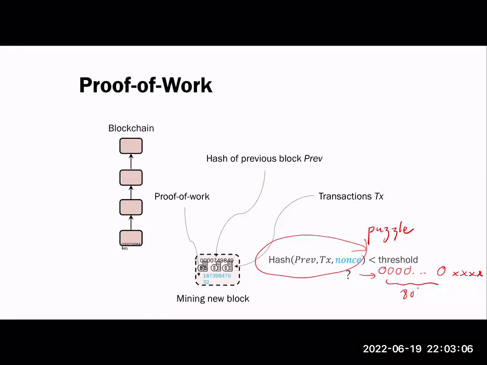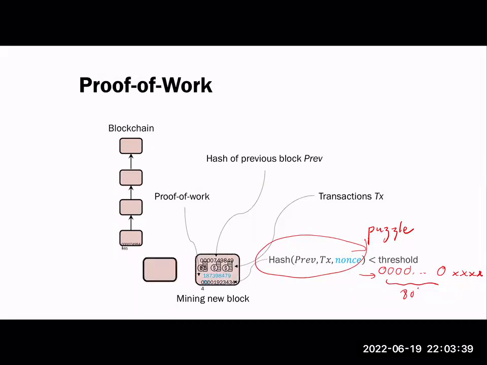If you want to get 80 zeros, you have to try many, many times. That's the proof of work puzzle, and that's why people need specialized hardware to do this computation very fast, because once they solve this puzzle, they can propose this block.